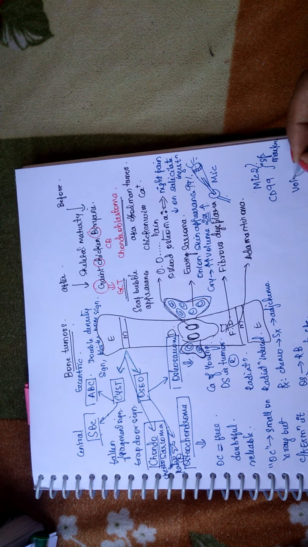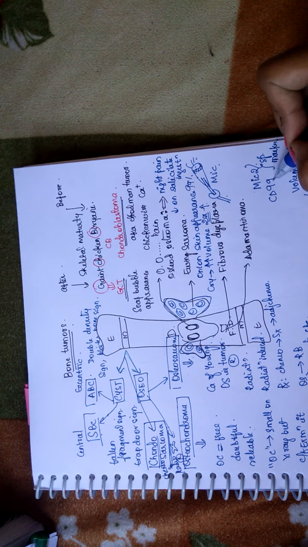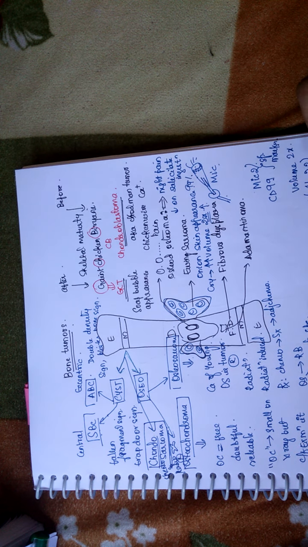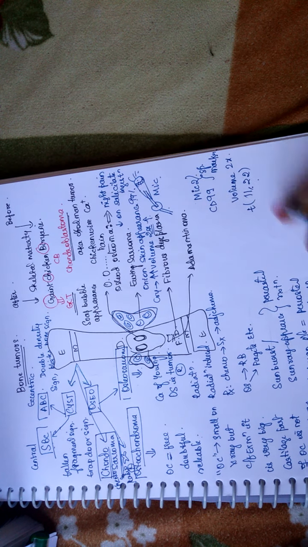So the volume will become 2 times when they cry. That is, when the volume was 11, it becomes 22. It doubles. That is the translocation associated with Ewing's. So MIC2 and CD99 are specific markers, and the translocation is something which is double, 11 and 22. This is all about Ewing sarcoma.